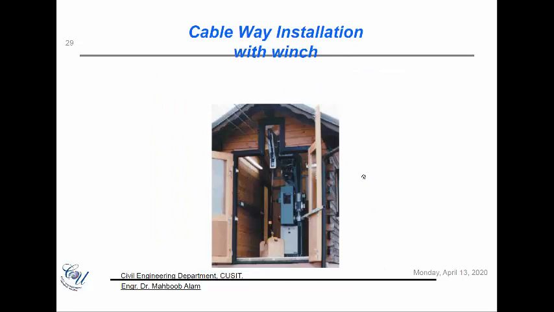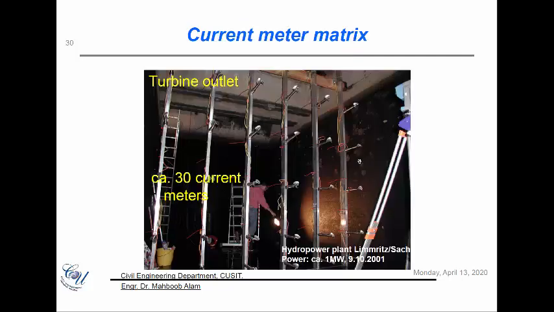There are certain cableway installations usually installed along the river, which usually have an automatic system, and they compute the velocities at regular time intervals at regular depths along the width of the river section. Sometimes we also need to have a matrix of the velocity along a certain area.